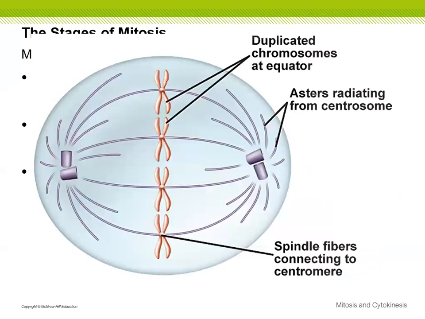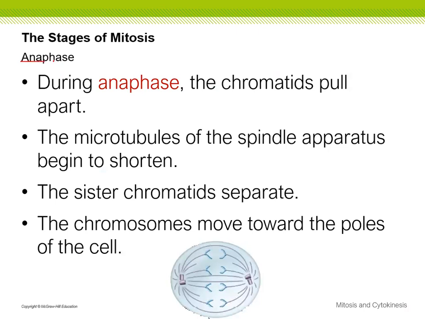So again, they're lined up in the middle now, and they're going to start slowly pulling apart, leading into our next phase, which is anaphase. This is when they actually pull apart. If you're looking down here, you can see those two parts are now completely separated. They're pulled from the middle and they work their way towards the edges. They're no longer in the middle, so they begin to shorten, and when it shortens, it brings the chromatids with it.